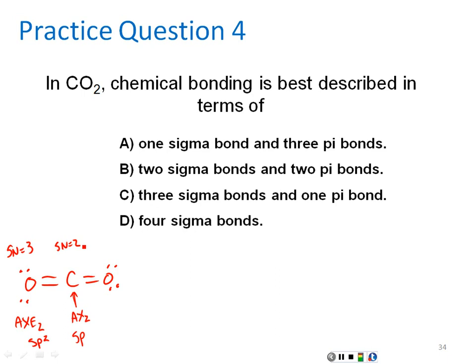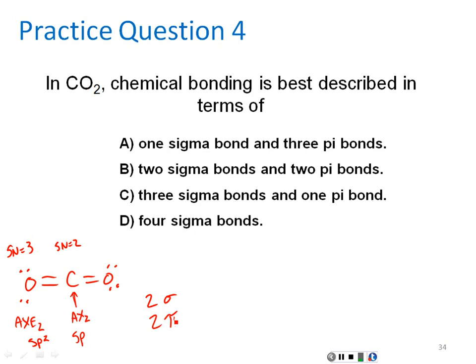So now, what types of bonds do these have? Well, you can see that the carbon has 2 double bonds. If you remember, a double bond is 1 sigma bond and 1 pi bond. Now there are 2 of them, so we can say 2 sigma and 2 pi, if you just want to remember that.